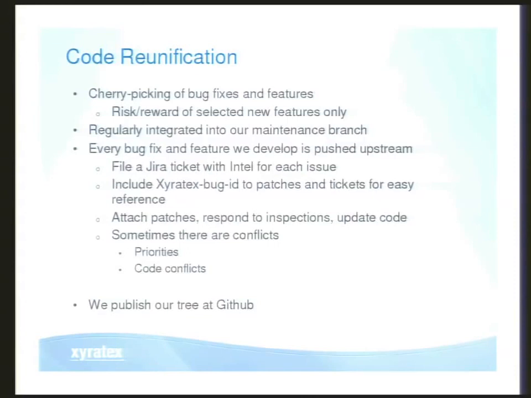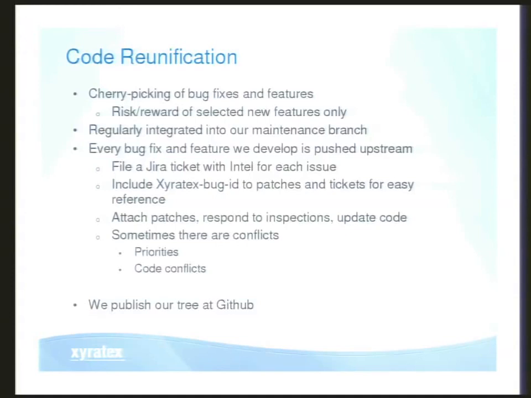In the other direction, every bug fix that we make and every feature we develop is pushed back upstream. So we have a lot of code that's sitting in Jira tickets at the Intel Jira, and I've been encouraging our developers to include back references to our internal Jira system, so that we can easily add more information as required.